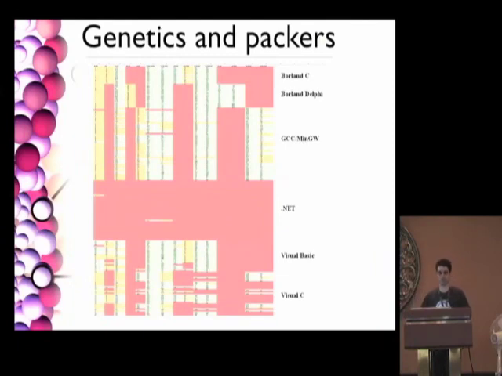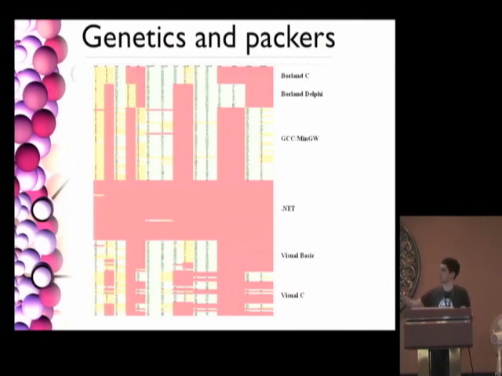As an example, this is a colored Excel table. Each column represents some of the tests we were making with those patterns, those genes.